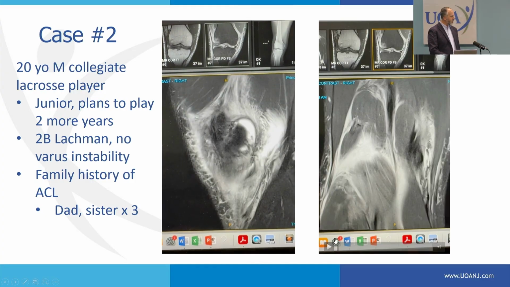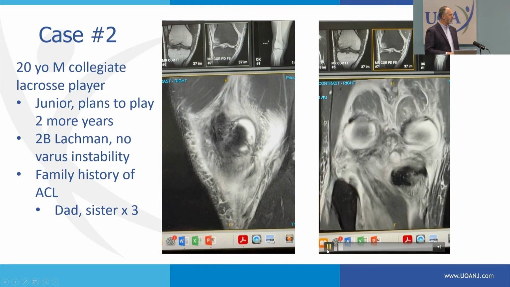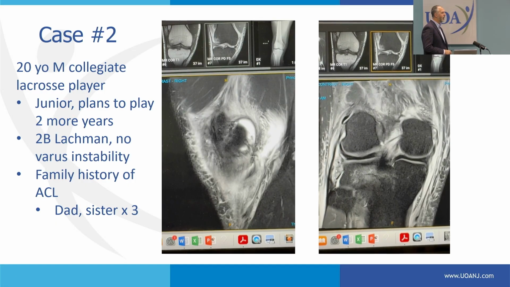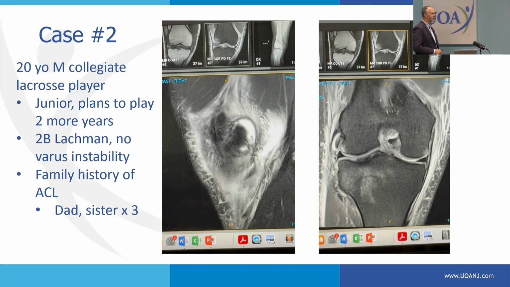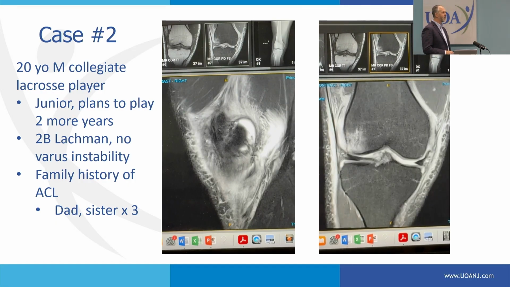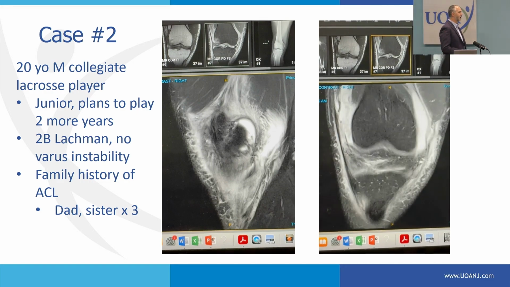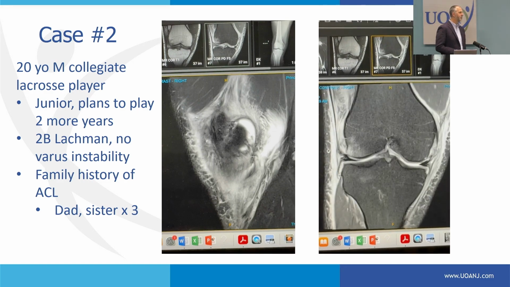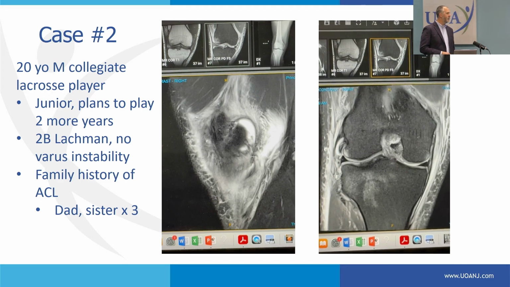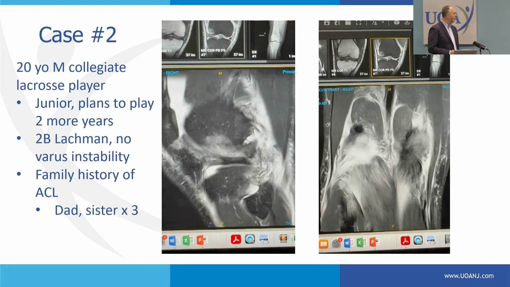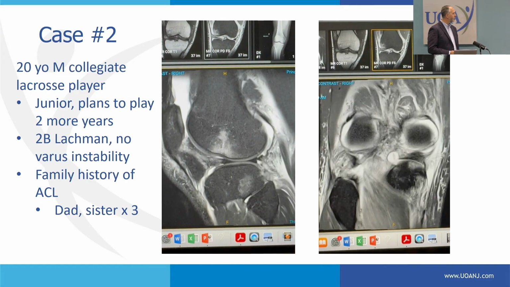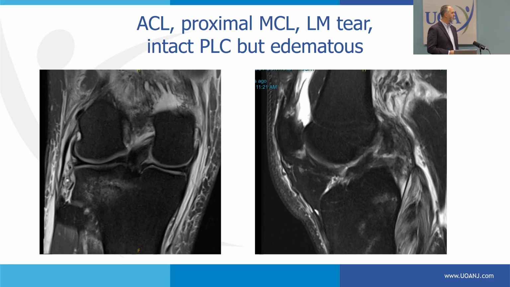And on the coronal cuts, again, edema, but there's an intact LCL that feels really good on your exam as you check that, but has a proximal MCL tear from this injury. So if we summarize, it's an ACL tear. He's got a lateral meniscus tear, which is maybe a little hard to see on the screen, proximal MCL, but more edema than maybe you would typically see.